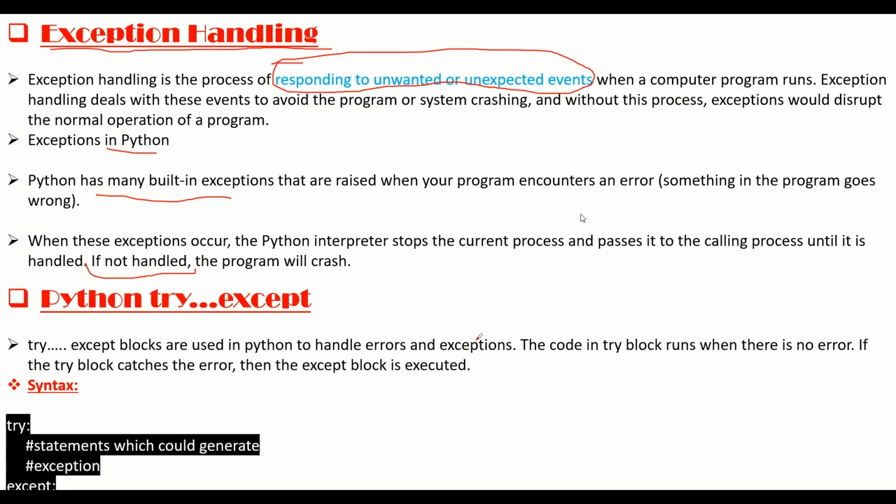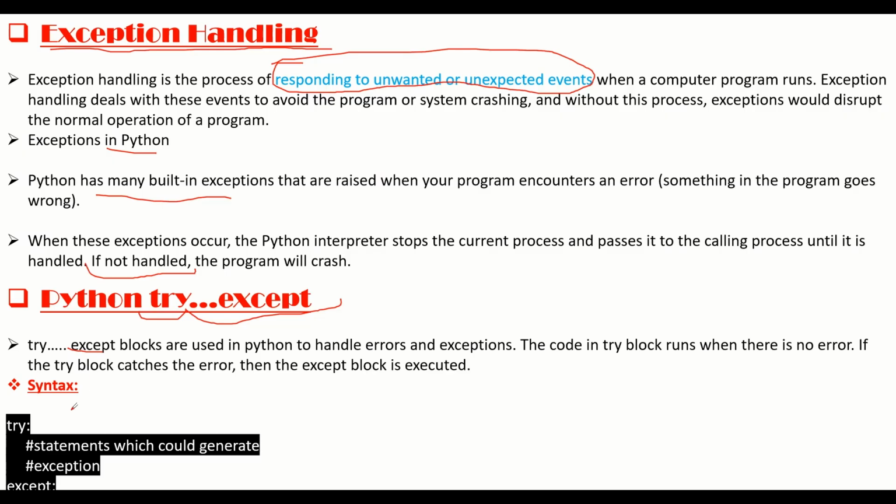So the first is try and except. This is exception handling. So what is a try block? Try-except blocks are used in Python to handle errors and exceptions. The code in the try block runs when there is no error. If the try block catches an error, then the except block is executed.